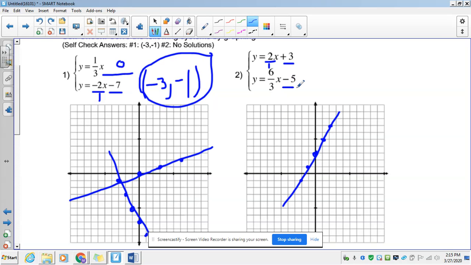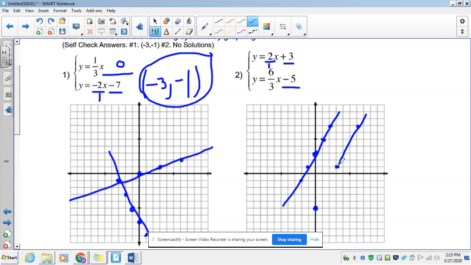Next one starts at a -5. 1, 2, 3, 4, 5 down below, because that's where our negatives are. And then this would be up 6. 1, 2, 3, 4, 5, 6 to the right 3. Do it again. 1, 2, 3, 4, 5, 6. 1, 2, 3.